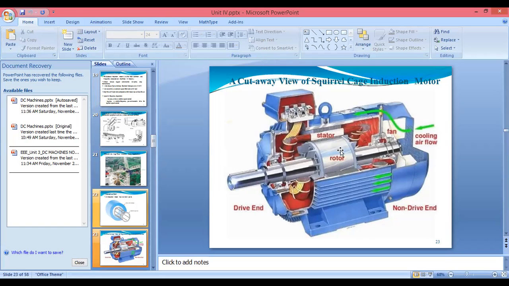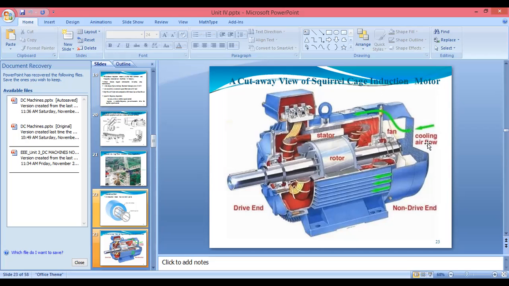In that, we are using the rotating part, the armature winding, that is the rotor. We can put that rotor with the air ducts. These will be available for the cooling purpose. Also we are keeping some air gap in between the stator and the rotor. If you see here, there is a little air gap.